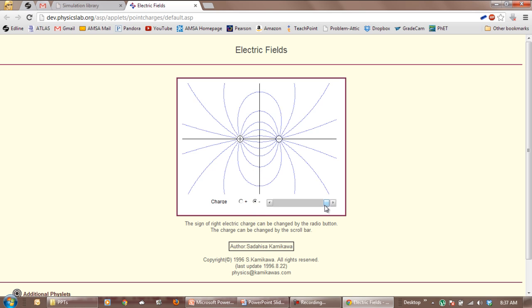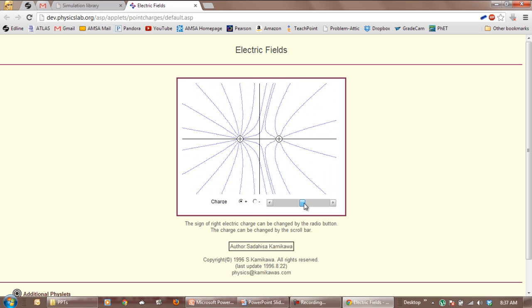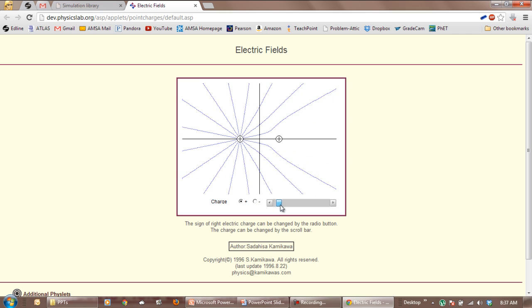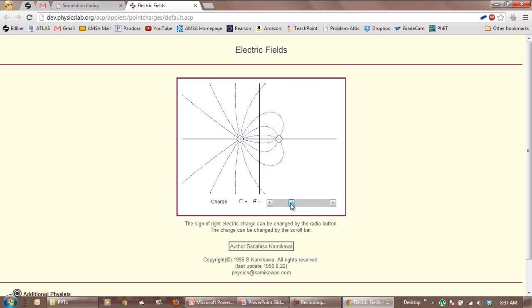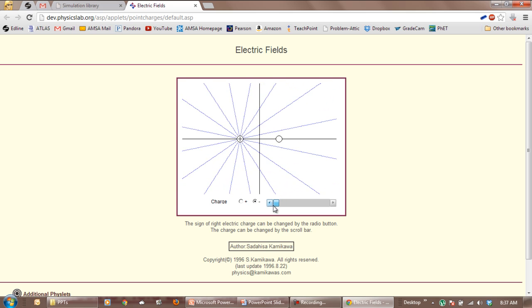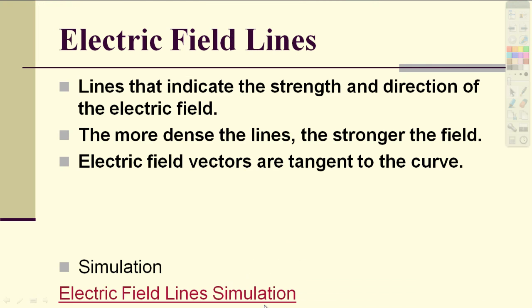You can actually change the right-hand charge to be either positive or negative and see how the electric field lines interact, and you can change the strength on the right charge too to see how they're going to interact. All kinds of crazy looking pictures. So if you ever forget what they look like, just click on the link in your PowerPoint's notes.